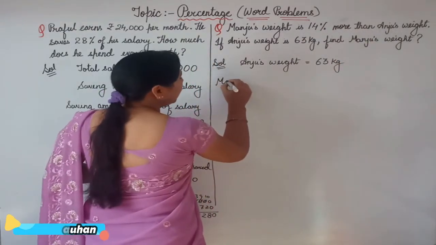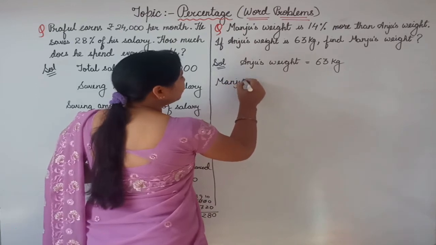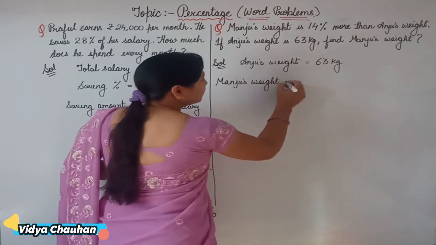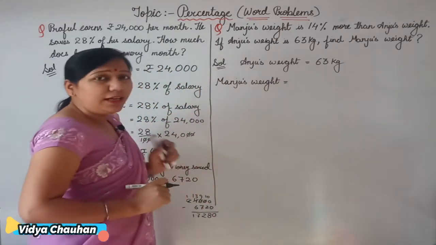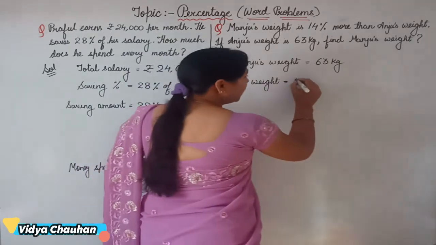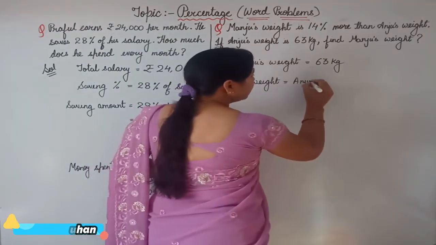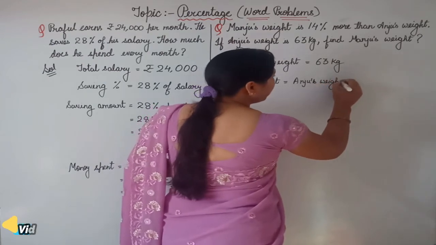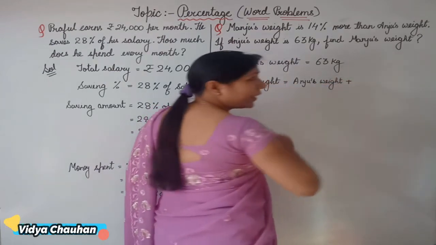So here I can write that Manju's weight is equal to Anju's weight plus 14% of Anju's weight. Why is it plus?